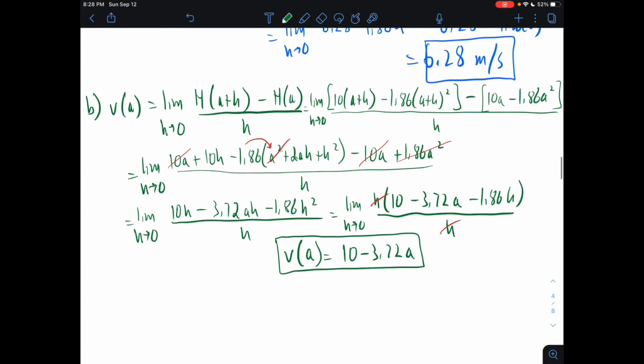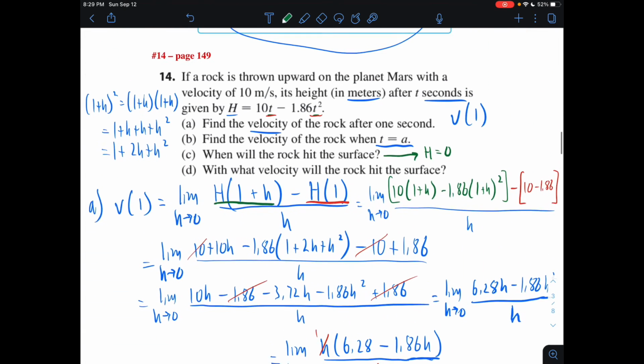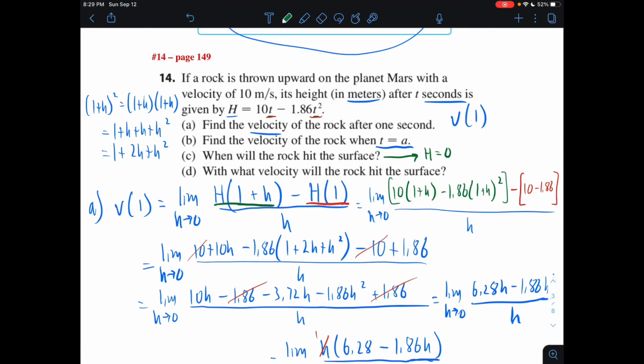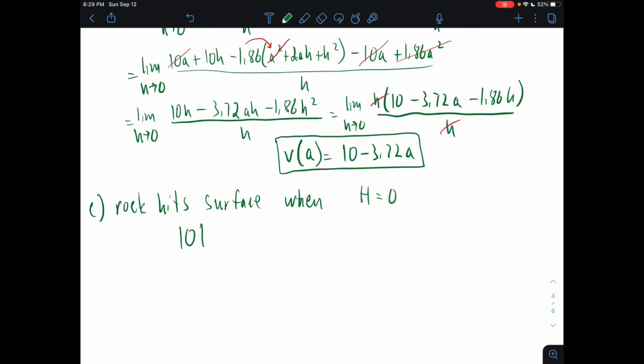So part C, the rock hits the surface when the height is equal to 0, which, since we have a function for the height, 10t minus 1.86t squared, we can now just solve that for t.